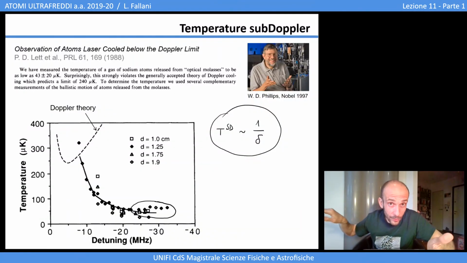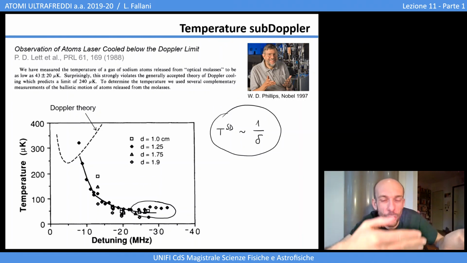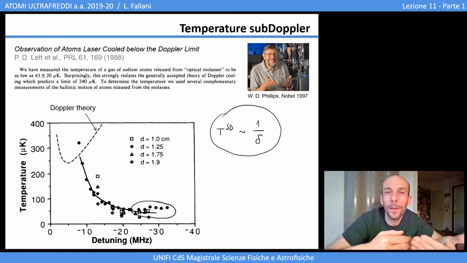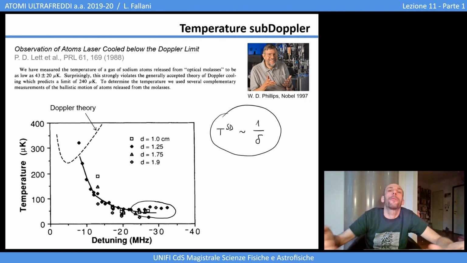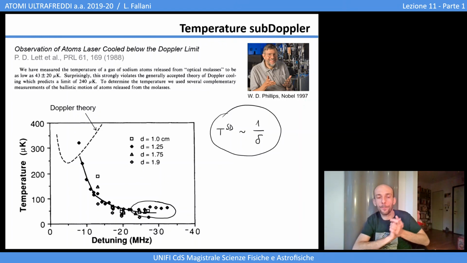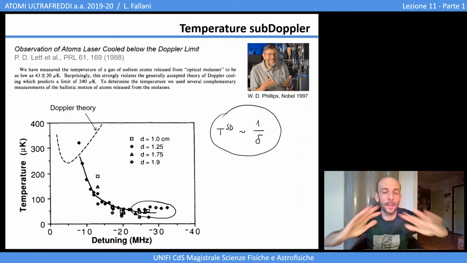That is not what you see here. This will be much lower, but at some point there will be another limit for which this prediction will have to fail because of a failure of approximations that we made. Okay, we'll discuss it later.